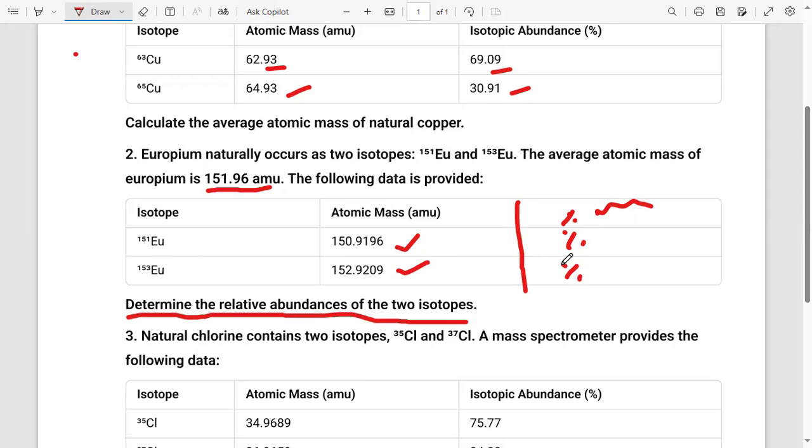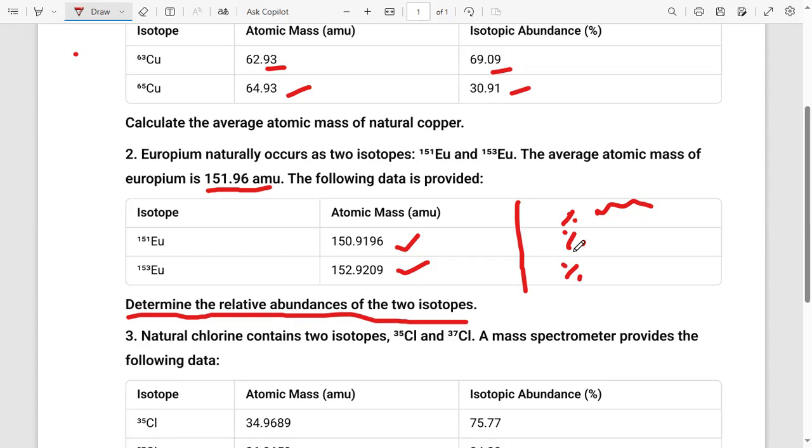Some students struggle with where to get the second equation. Here we have to come up with 2 equations, and then solve them simultaneously to find the answer.